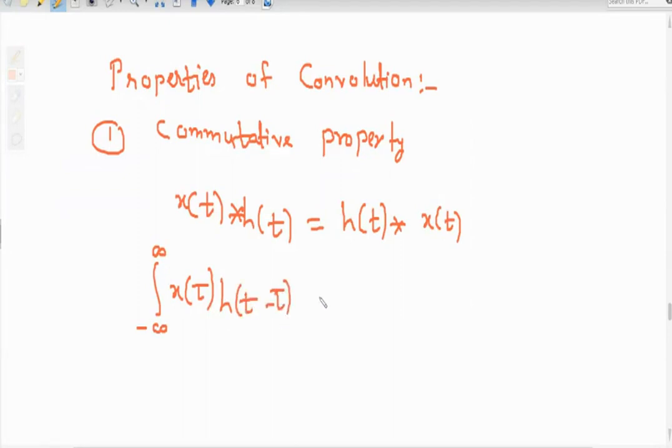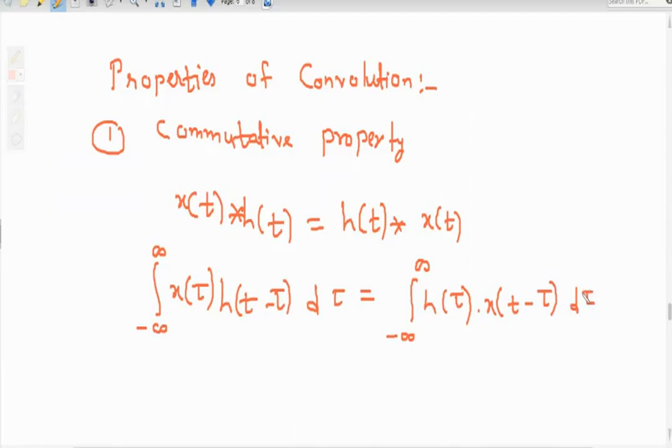This integration can be interchanged to the integration from minus infinity to infinity of h of tau dot x of t minus tau d tau. So your convolution is commutative in nature.